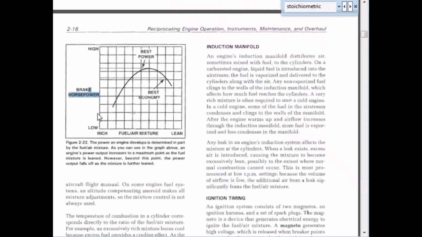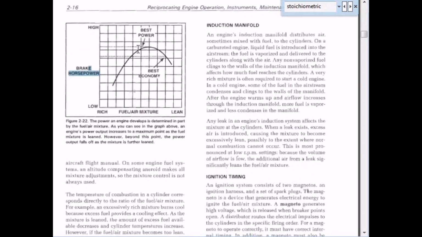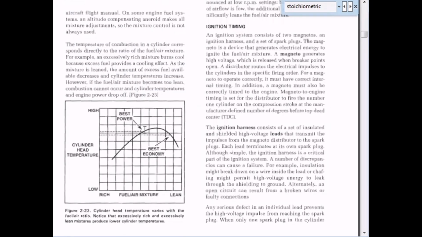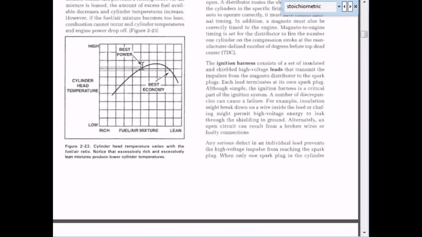Nampak ni? Ni brake horsepower. Jadi kenapa best power tu tak di puncak? Ni sebenarnya best power duduk bawah sikit. Di buku baru ni salah. Buku lama dia akan duduk di bawah. Jadi pasal apa best power duduk di bawah tu dekat rich, lebihkan fuel sikit untuk aid in cooling.